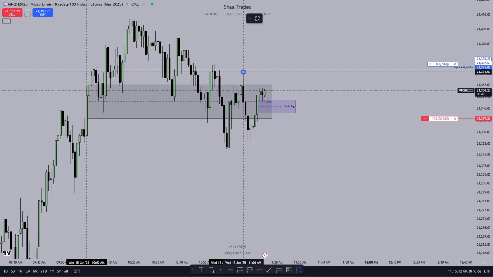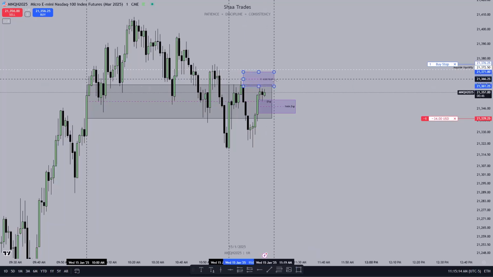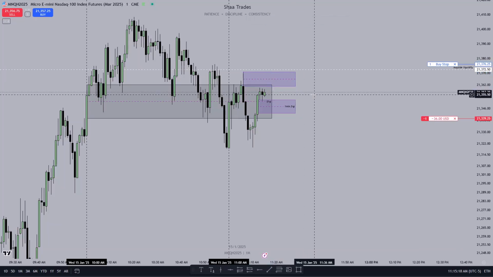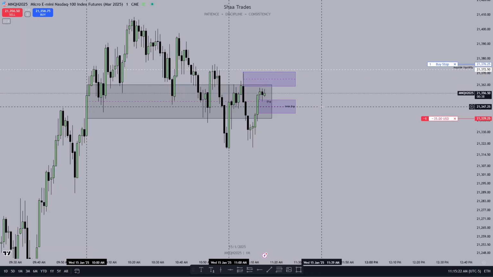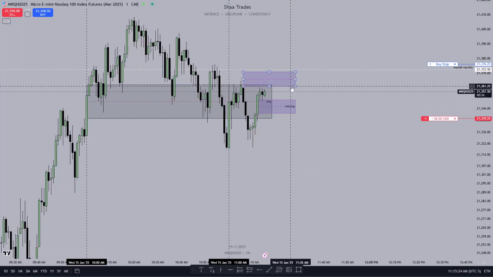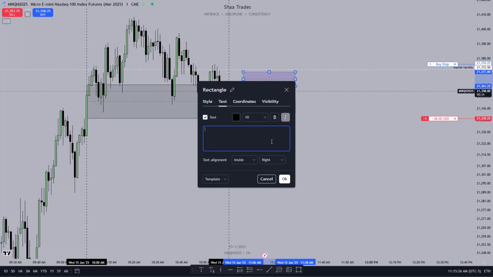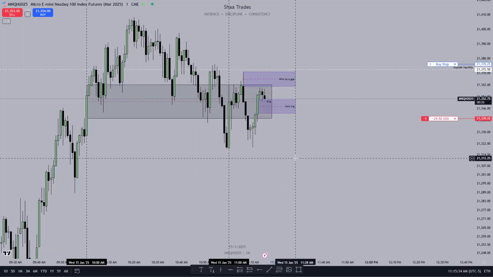Treating the gap as a wick, or the wick as a gap. So this is my last line of defense here. I'm treating that wick as a gap on the 1 minute.